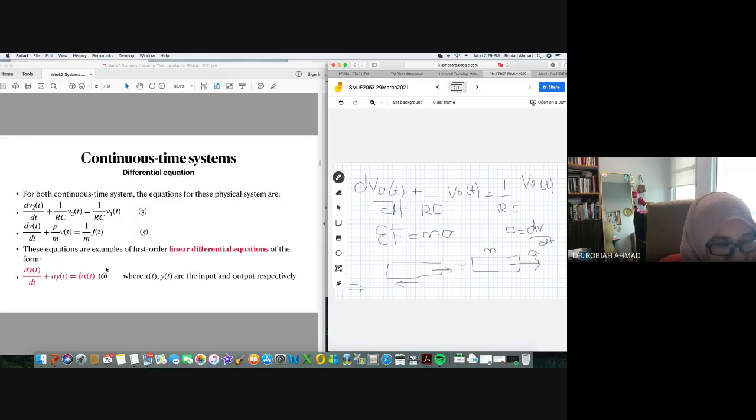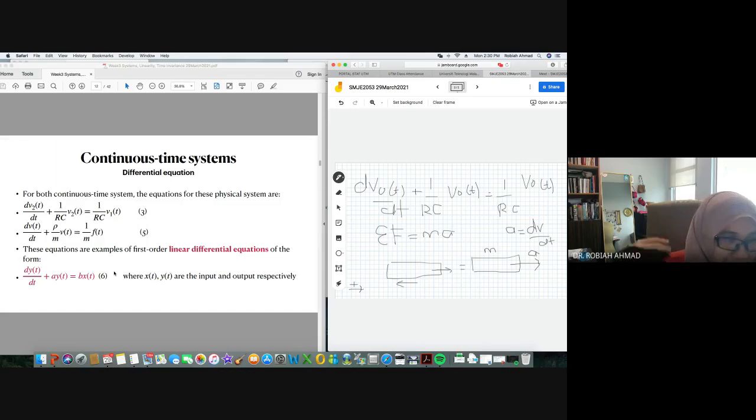They are of the form, if you can still remember when you learned calculus, dy/dt plus a y(t) equals b x(t), where x(t) and y(t) are the input and output respectively, and a, b are the coefficients.